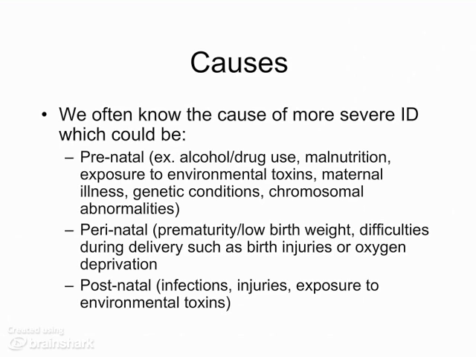Perinatal, or during birth, causes could be prematurity or low birth weight, difficulties during delivery such as birth injuries or oxygen deprivation. And then postnatal, or after birth, causes could be infections, injuries, and exposure to environmental toxins.